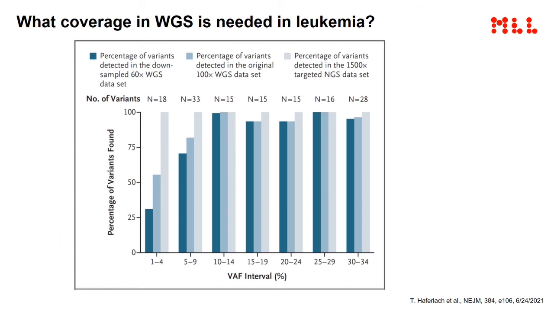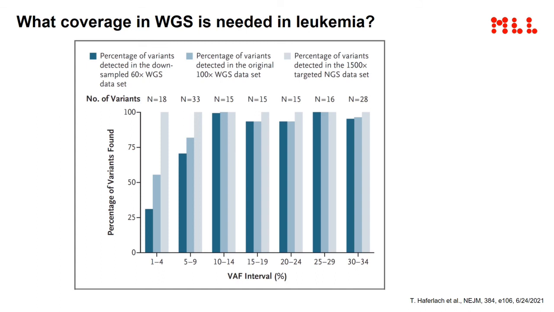Now, we refer to this paper in a correspondence and demonstrated that if we look into our 430 de novo AML, for whom we have panels with a coverage of 1,500, we have our genome with 100x, and we can go for an in silico genome of 60x, that any variant allele frequency in the range of 30, 25, 20, 15, or even 10 will lead to the same detection of variants found.